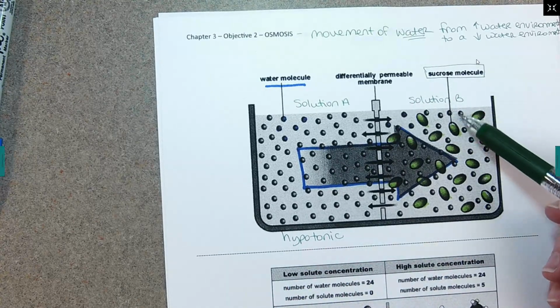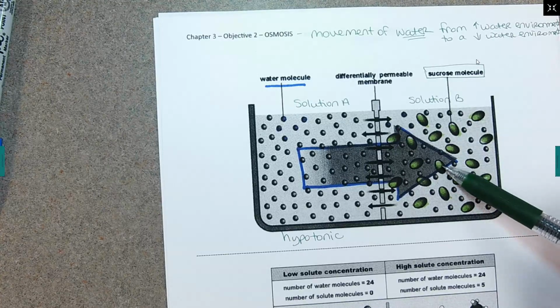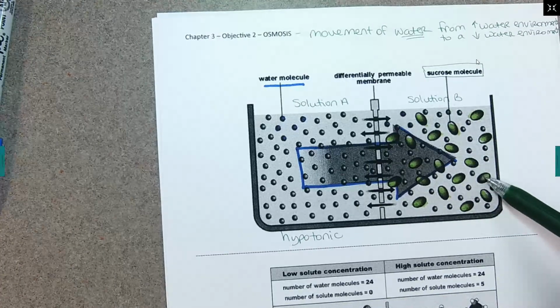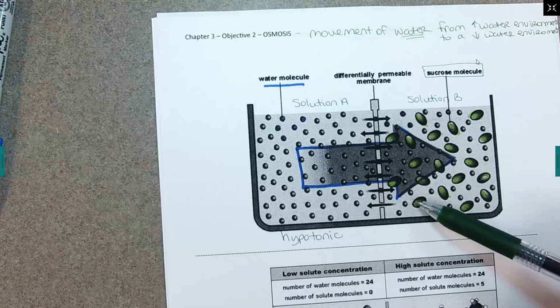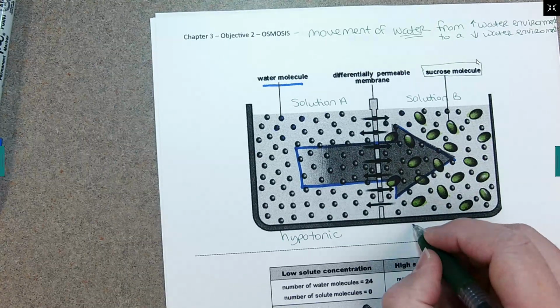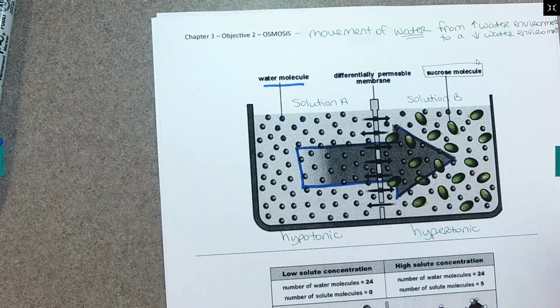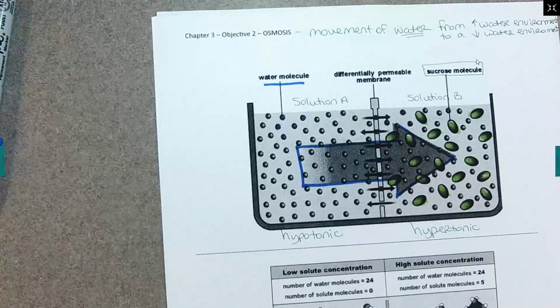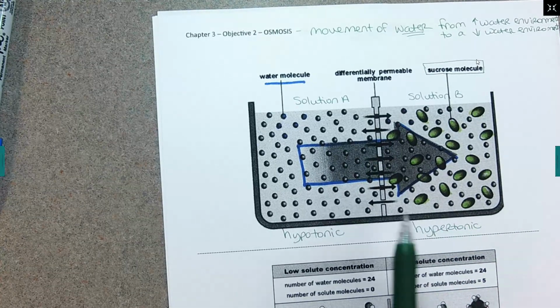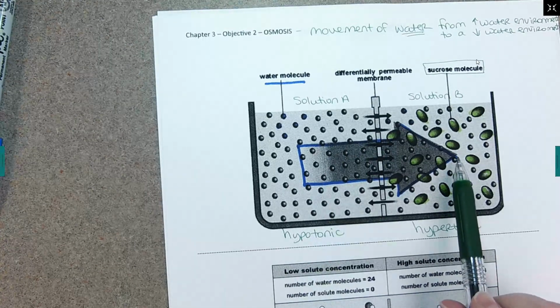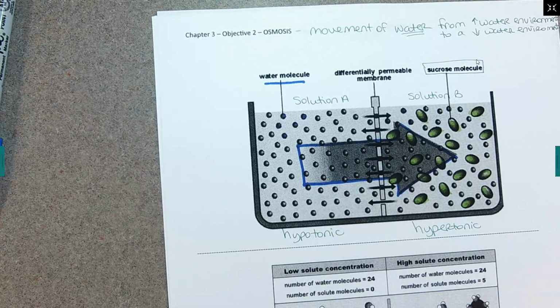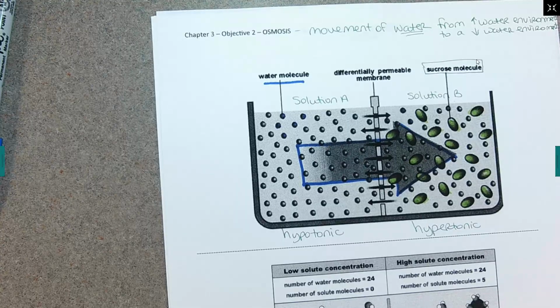If you look at solution B, or this side, you've got a lot of sugar molecules, sucrose molecules, in comparison to the other side. So this side is hypertonic. So because the sugar can't move, water does move. And water is going to move from a hypotonic environment always into a hypertonic environment. So let's take a look at why that is.